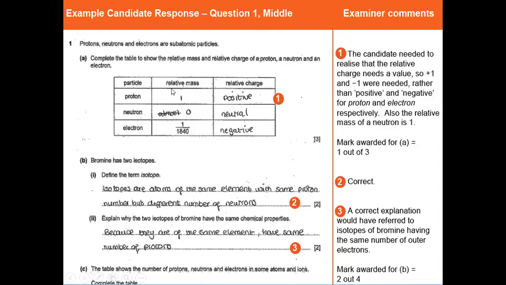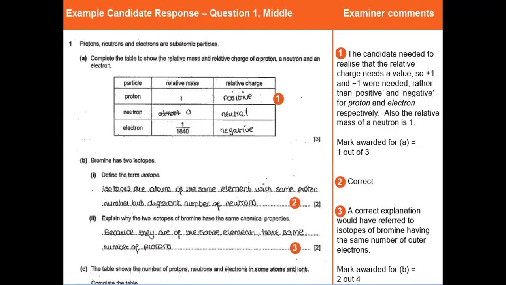Now, for the first part, first you need to write about the relative mass, and then the relative charge. So this student has got 1 out of 3 marks because the only answer that is correct is the relative mass of proton. The relative mass of neutron should be 1. Okay. Let us see how this answer can be further improved.